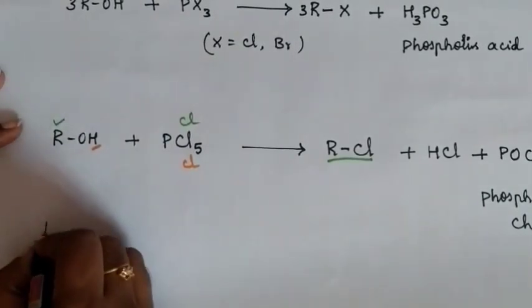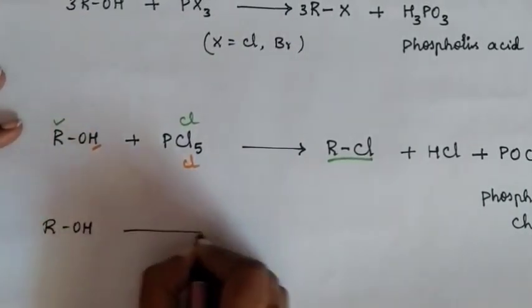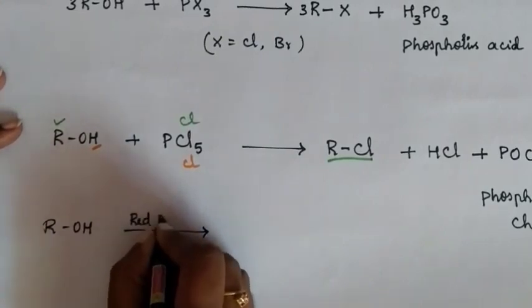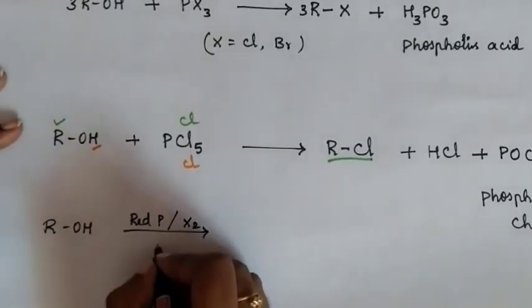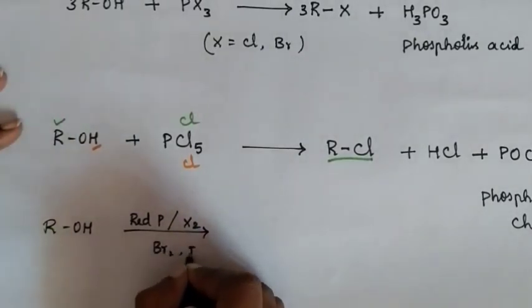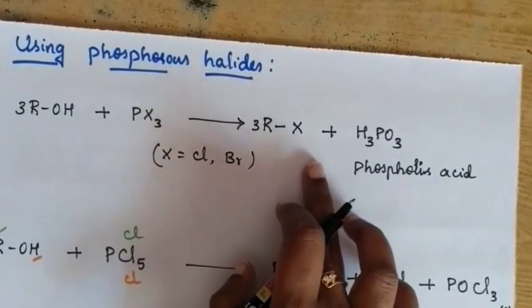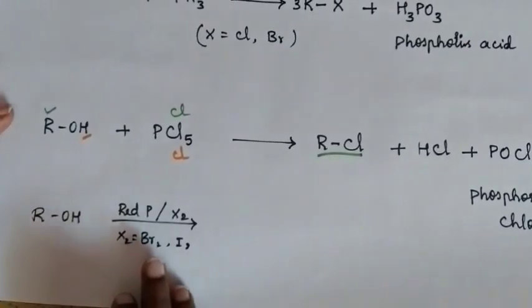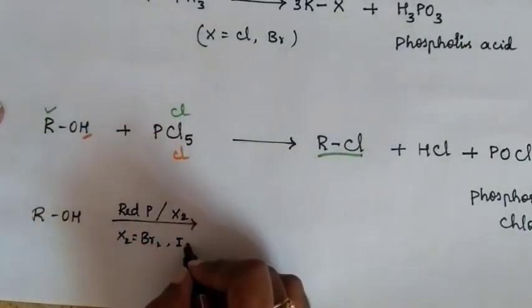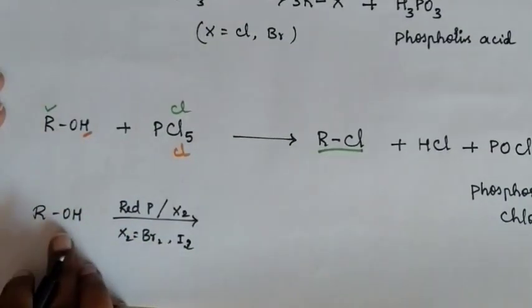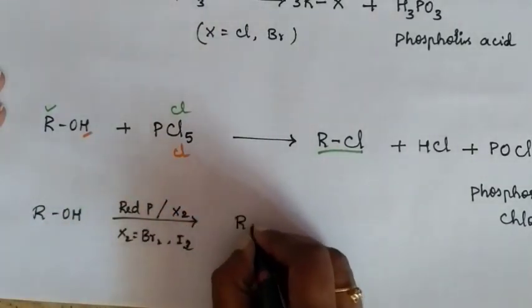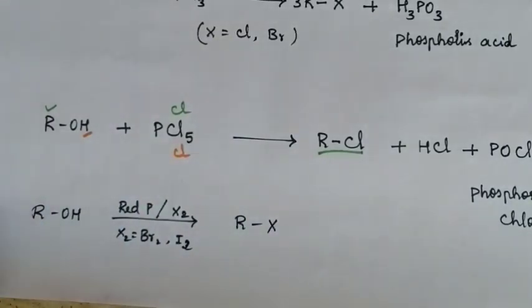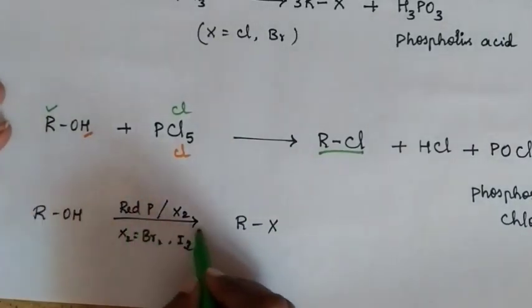When you treat alcohol in the presence of red phosphorus and X2, where X2 can be either bromine or iodine, I said that using the previous process we can't prepare alkyl iodide. To prepare alkyl iodide, you can use this method, with I2. When you treat alcohol in the presence of red phosphorus and halogen, it is going to form the product alkyl halide. Now you might be thinking what will happen when red phosphorus mixes with halogen.